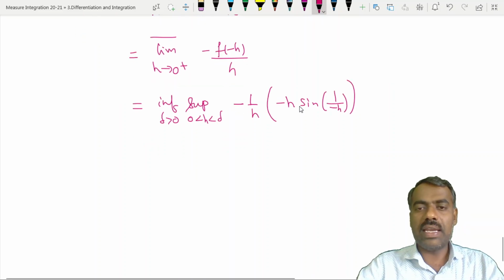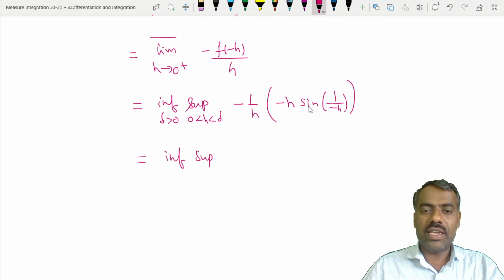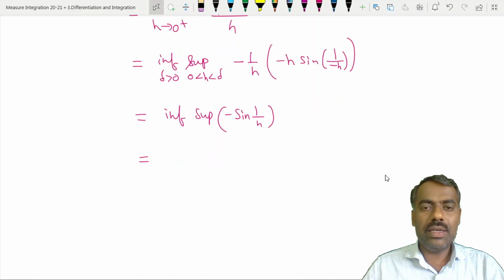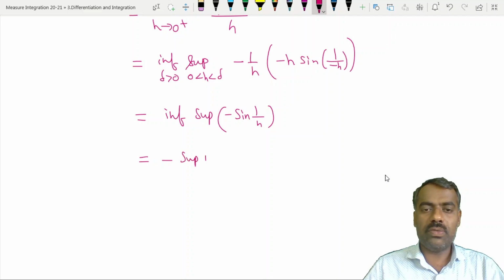So minus minus will get cancelled, h will get cancelled. Then in this infimum of supremum, what we have here is minus sine 1 by h. So this lim sup is the same as minus of the supremum of the infimum of sine 1 by h.